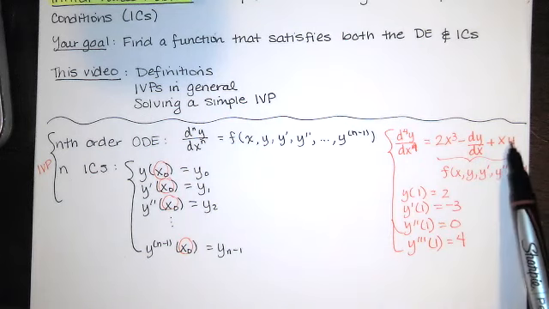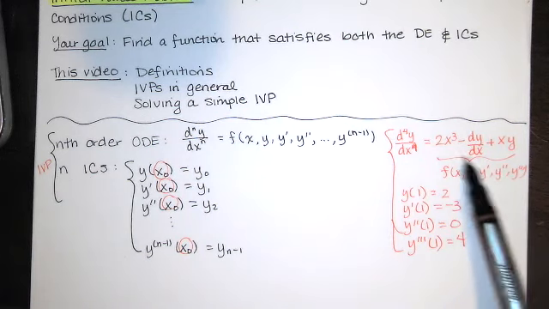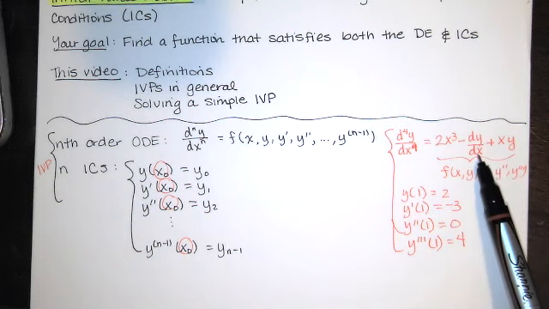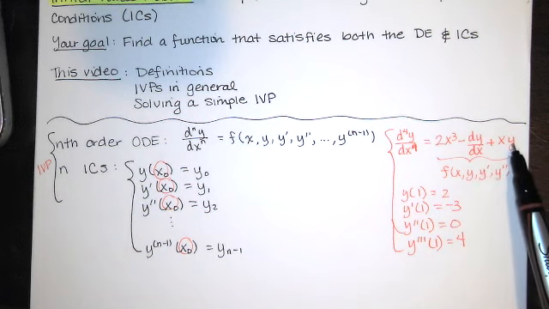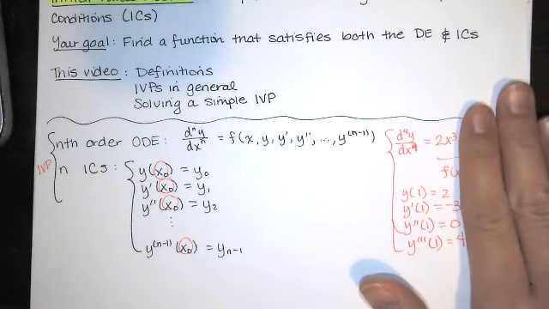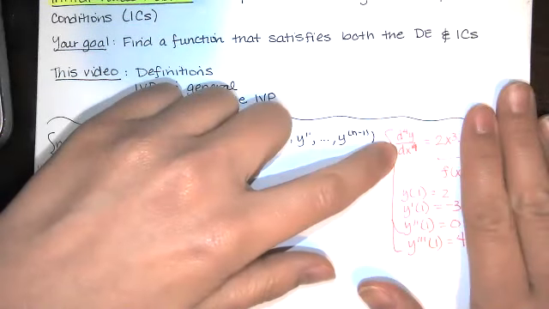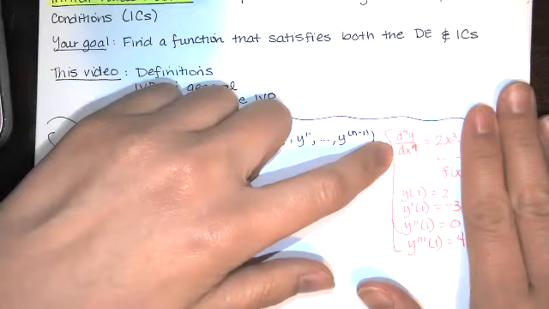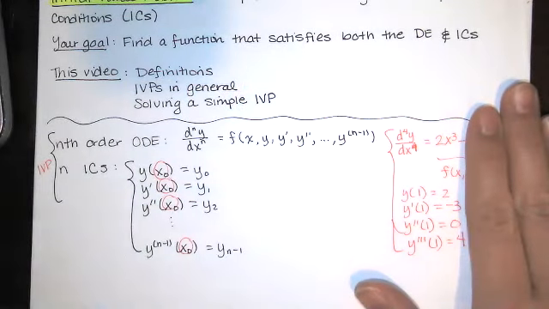Unfortunately, it doesn't work, because this function on the right-hand side depends on dy dx. It also depends on y. Now, if this were a function of x alone, if I just had 2x cubed there, so the fourth derivative of y with respect to x is just this function of x over here, then I could solve that simple differential equation by anti-differentiating 4 times.